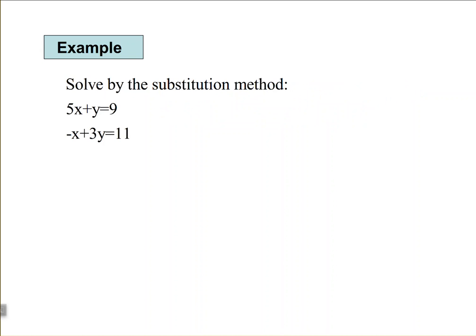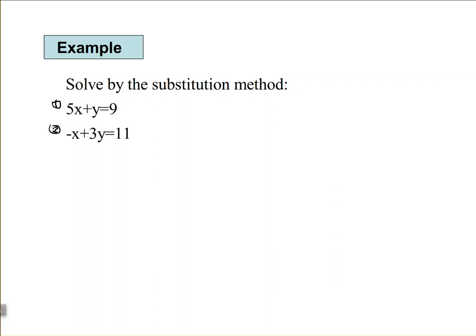Now, the ideal problem to solve by the substitution method is when we have a particular variable that has the coefficient of 1 and it's on one side of the equation by itself. Right now we don't have an equation where a variable is on one side by itself. So let's call this equation 1 and equation 2.